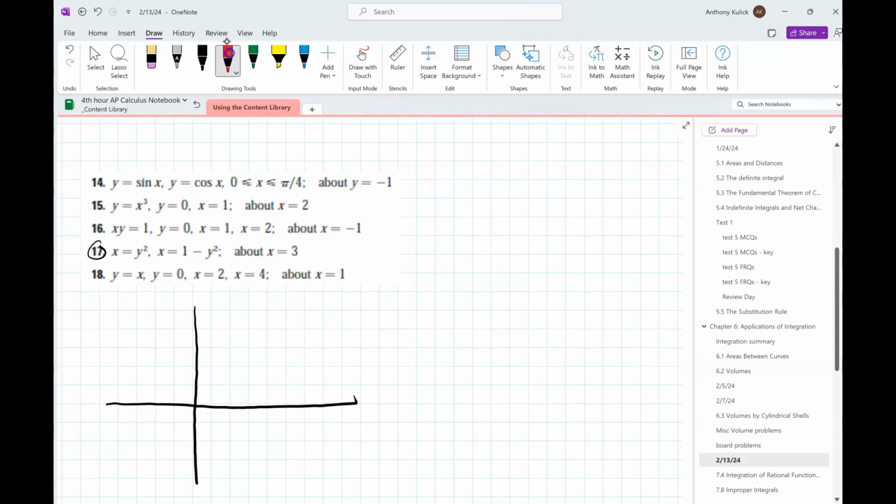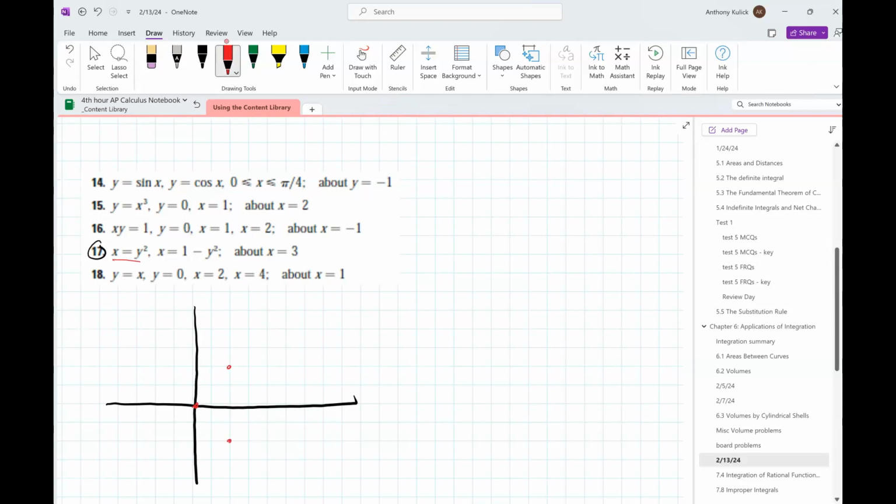All right. So y equals x squared. Which way is it open? X equals y squared, excuse me. Opens to the right, correct? So I have 0, 0, 1, 1, and then 1, negative 1.